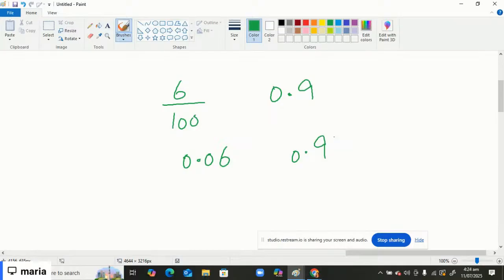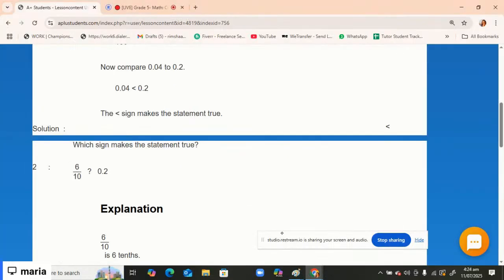Everyone tell me in the chat. So this is 0.9, that is greater as compared to 0.06. Now let's start some test questions.